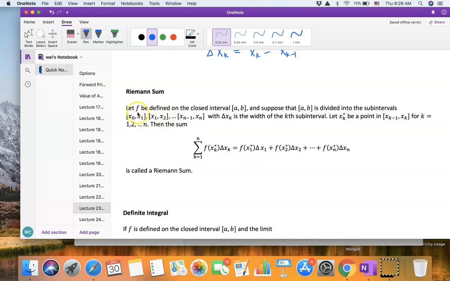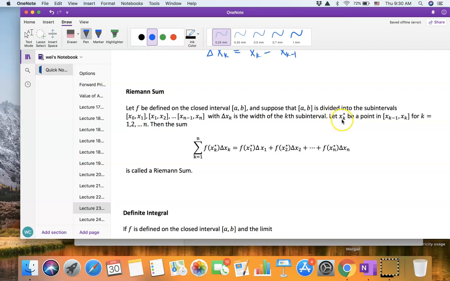Let f(x) be defined on the closed interval from A to B, and suppose that this closed interval AB is divided into n subintervals, x0 to x1, x1 to x2, all the way to x n minus 1 to x n, with delta x sub k being the width of the kth subinterval.